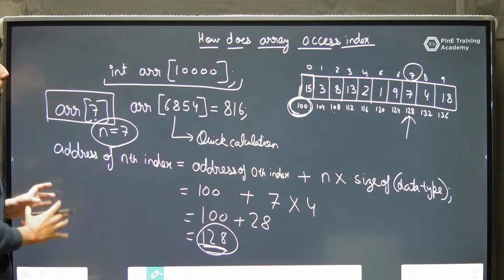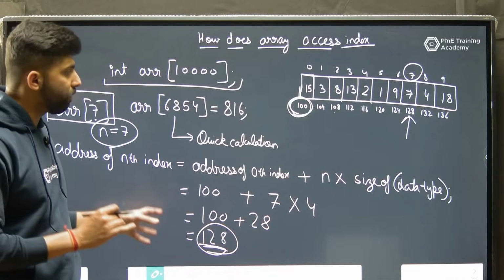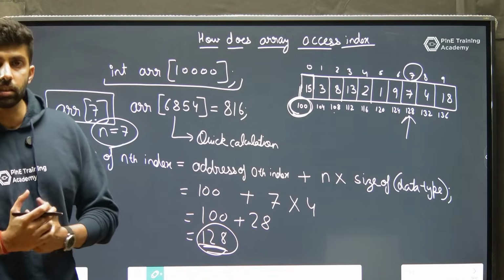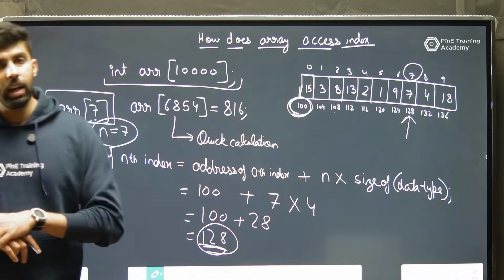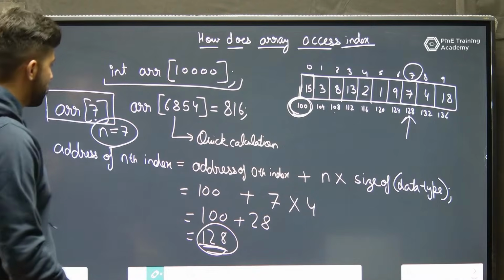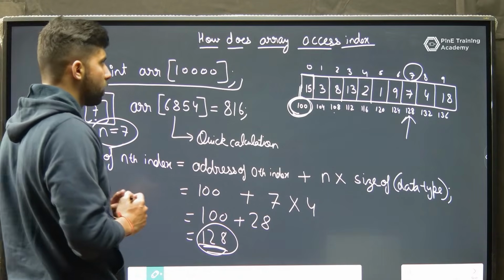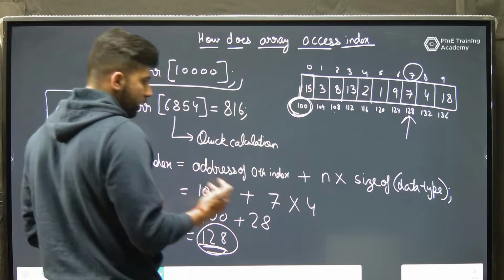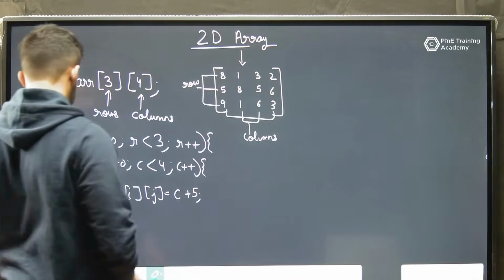So this is how array accesses any elements, and this is how it is a very efficient data structure in many cases, right? So array doesn't jump from index to index, it just uses this particular formula to access the elements, right? Okay, let's move on to the next topic.